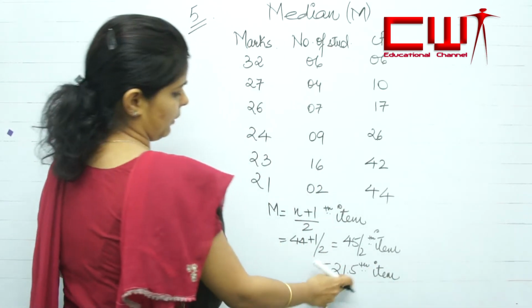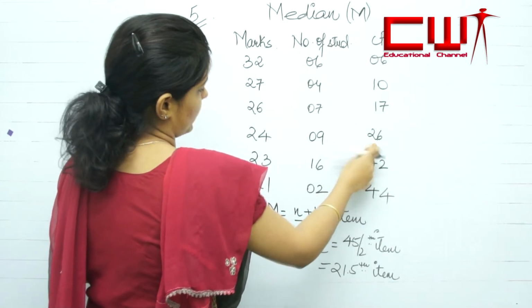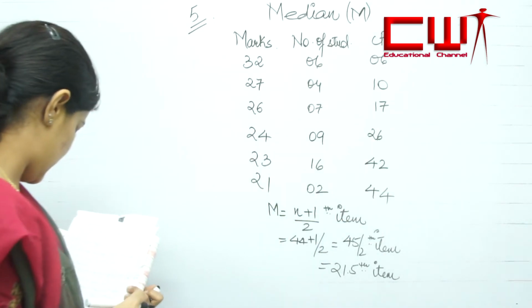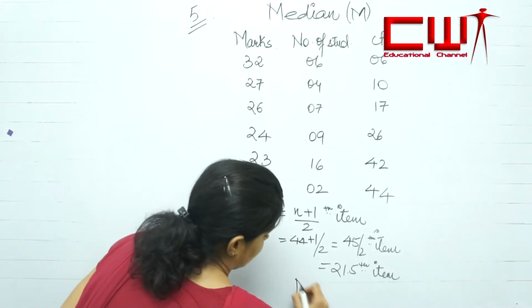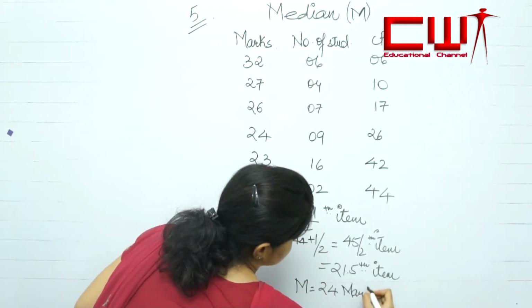You don't have to worry. Is 21.5 anywhere here? No. Then which is the next highest? 26. So your median will be 24. M equals 24 marks.